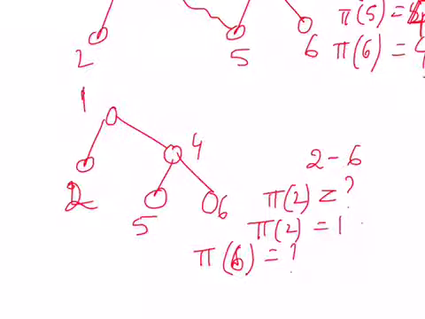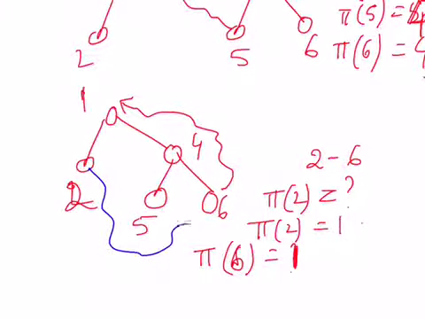Now I can traverse from 6 and go up and up and up, and once I hit the root, I know parent of 6 is 1. So I know both parent of 2 and parent of 6 belong to the same tree. I cannot add this particular edge between 2 and 6, because then that edge will introduce a cycle.